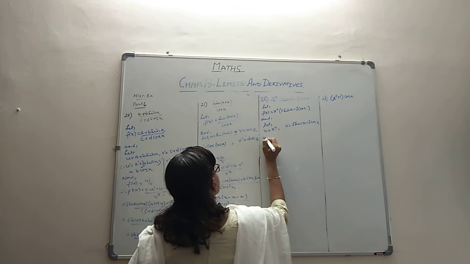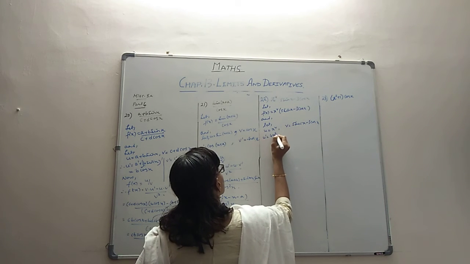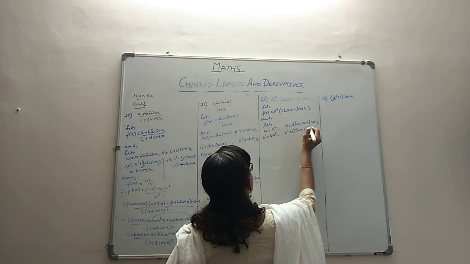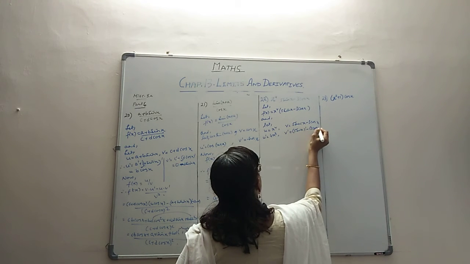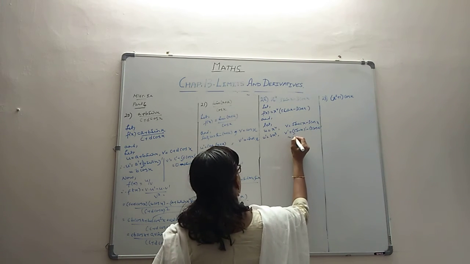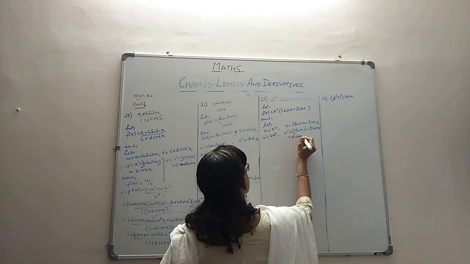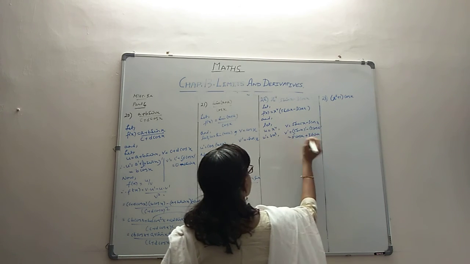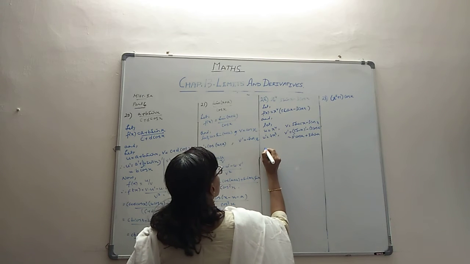Let's get their derivatives. u dash is 4x cube and v dash is 5 sin x derivative minus 3 cos x derivative. 5 moves out, sin x derivative is cos x. 3 moves out, derivative of cos x is minus sin x, like that this will become plus.